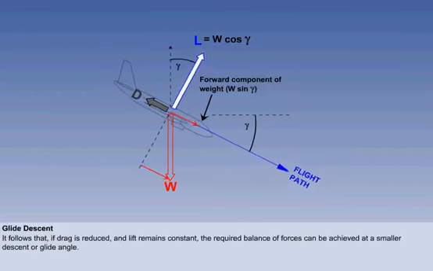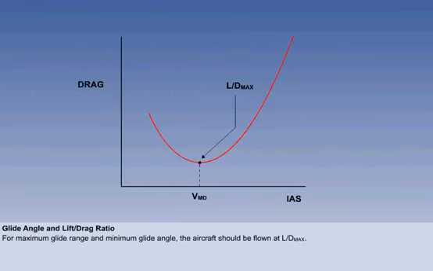It follows that, if drag is reduced and lift remains constant, the required balance of forces can be achieved at a smaller descent or glide angle. The angle of descent in the glide is a function only of the lift-drag ratio. The angle will be at its least when the lift-drag ratio is at its greatest, which is at the optimum angle of attack, which in turn corresponds to the minimum drag speed, VMD.